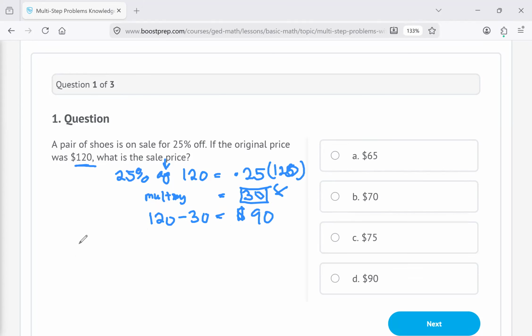If you wanted the equation, it would be the sales price, or the new sales price, equals the original price minus the original price times the discount percentage.